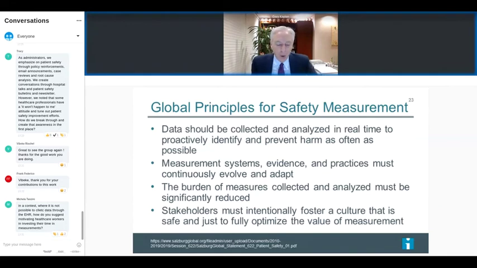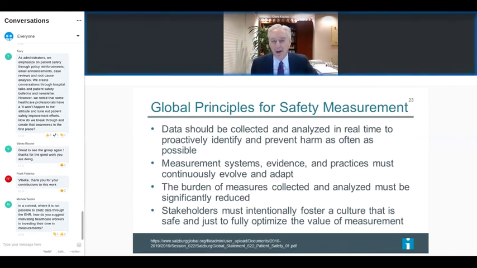The final four of the 8 principles: data should be collected and analyzed in real time to proactively identify and prevent harm as often as possible. You know, so much of our data is delayed and is after the fact.